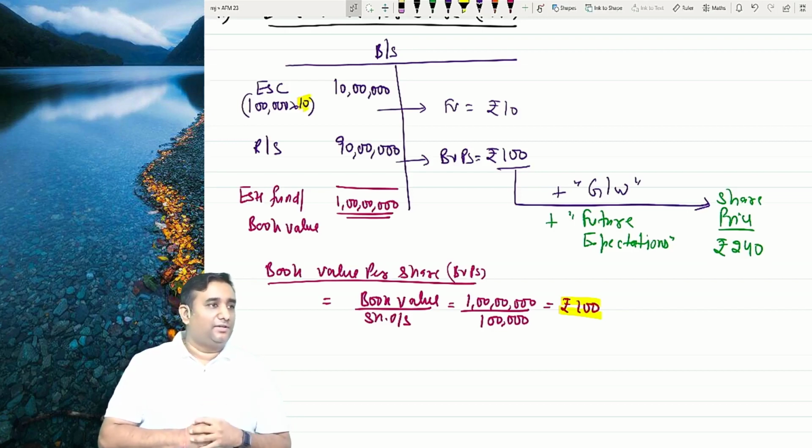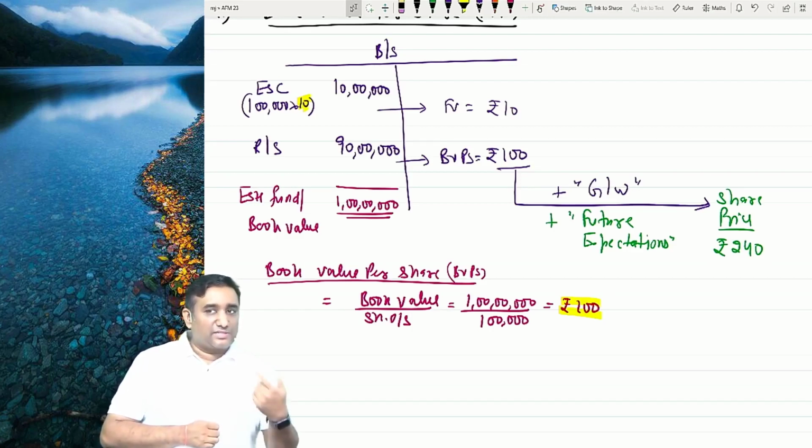Second comes what? EPS. Price by book value only, right? Price is 240. Book value is what? 100. If it is more than 1, it means your price is more than the book value.